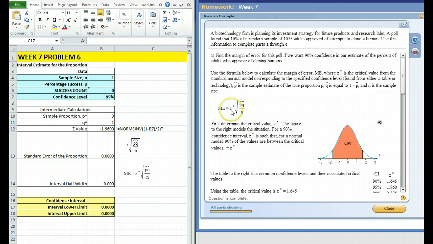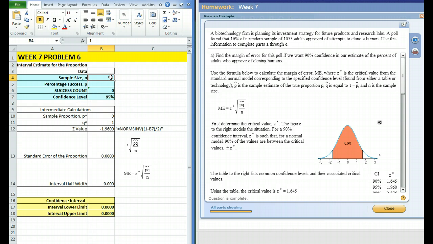It's the critical value times the square root of p hat times q hat over n. P hat and q hat are shown here, so let's go through and enter the data. Sample size was 1055. Percentage success was 16%. That calculates to a success count.